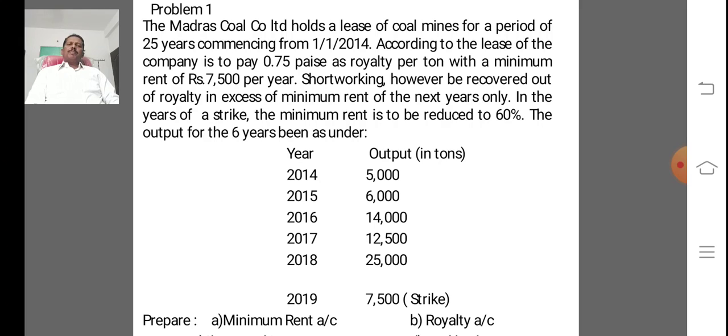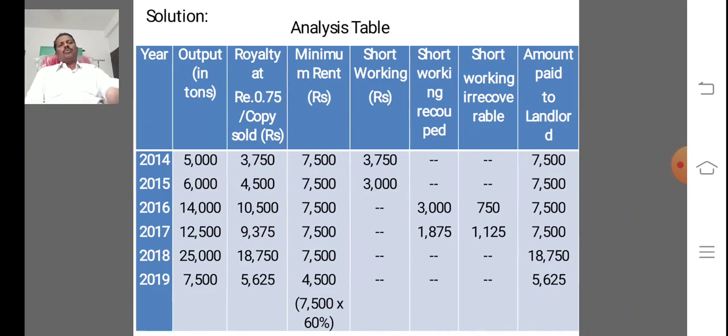The question is: prepare the minimum rent account and royalty account. First we prepare the analysis table, the royalty analysis table.